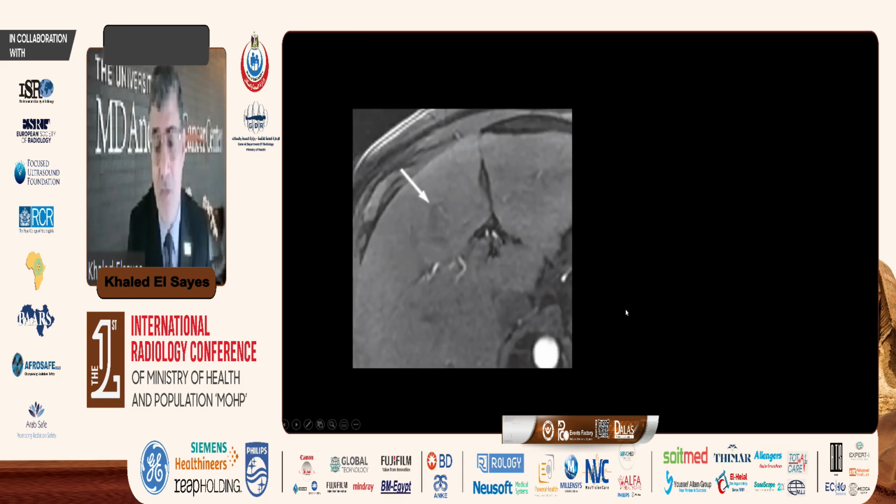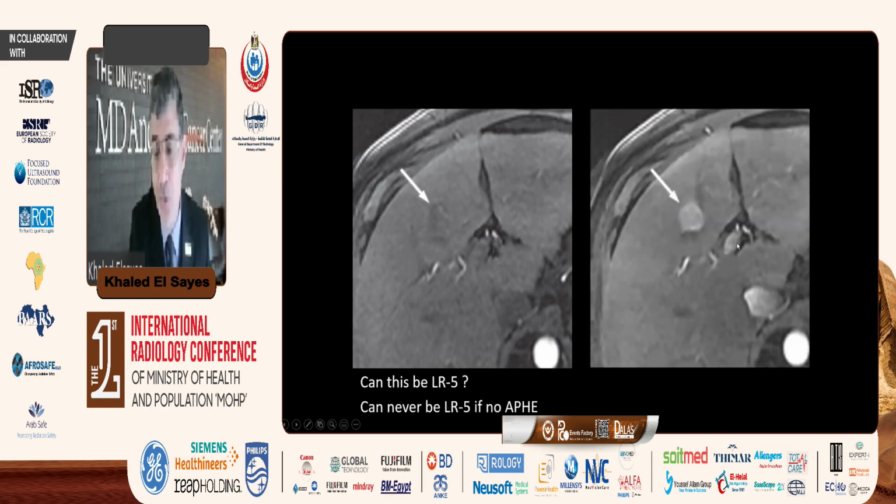What about this? Based on my teaching to you guys, I said you cannot upgrade the category here to LR5, right? Because it's not arterial phase hyperenhancement. But is this the correct phase? No, it's not the correct phase, because this is early arterial phase. And here, when you do the proper late arterial phase, when you start seeing enhancement in the portal vein, you see how this completely changed your category, or your description.